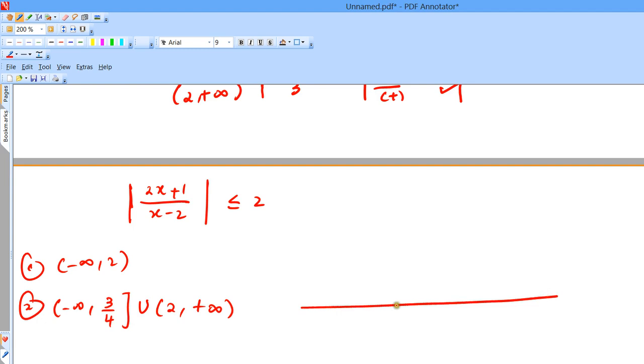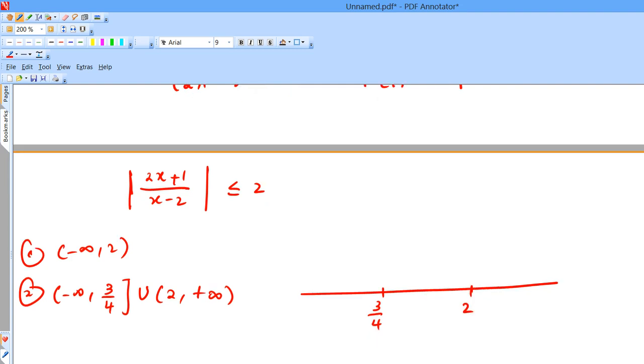The first has negative infinity to 2, which you can write as x < 2. For the second, x ≤ 3/4 and x > 2.